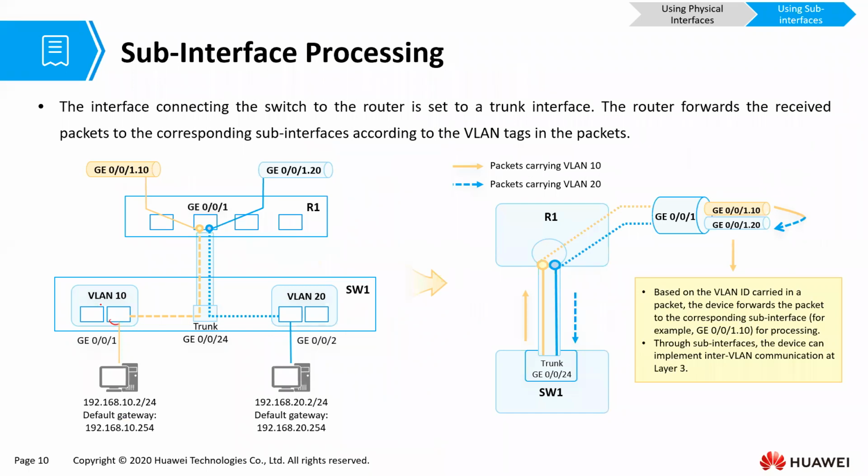You go through an interface in VLAN 10, you go with the tag, the trunk port lets you go with your tag, you reach there on the physical interface, you get sent to the sub-interface. Now the sub-interface is the one that untags you, and then you get to the other sub-interface, you get tagged, and then you go as a tagged frame back to the switch, and then you proceed to the destination.